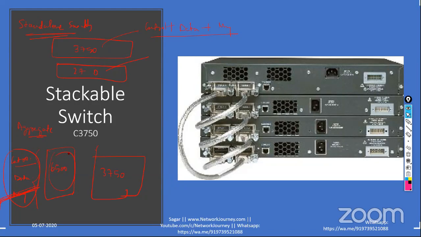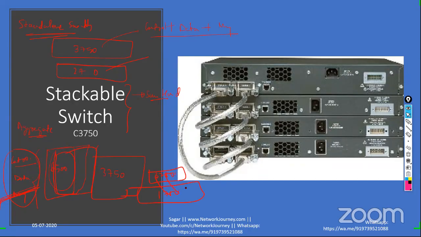So what would you do in such a scenario? You would bind one more box with similar hardware. So for stackable, the main thing is they must be similar hardware. You cannot have one 3750 and the other one something like 1750.